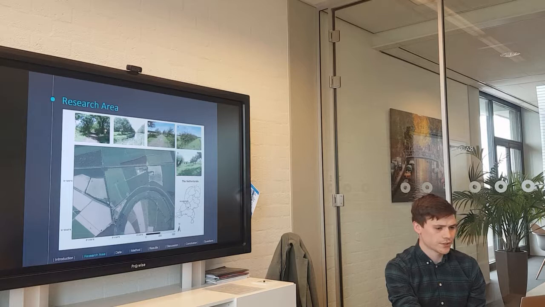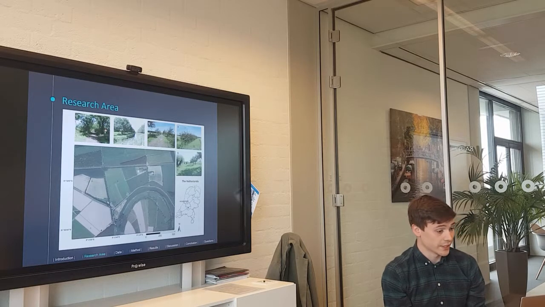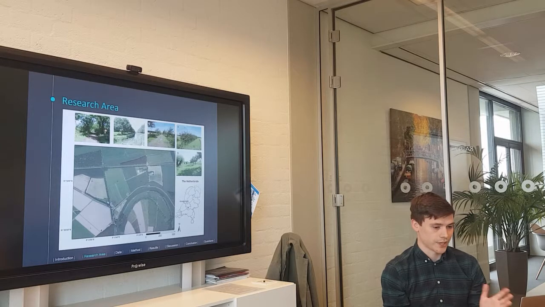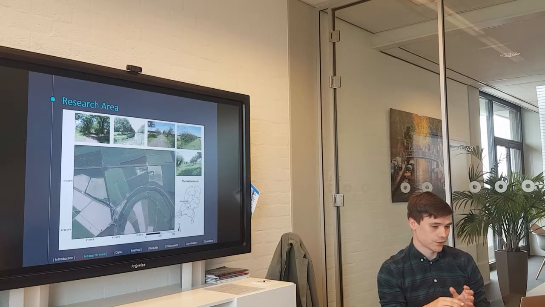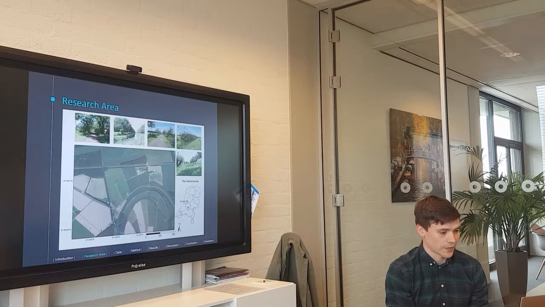I chose my research area to have a variety of linear and non-linear elements that were of different kinds of shapes, curved, straight, and that were attached to non-linear elements or were isolated, and all these kinds of different things, a very heterogeneous area, to ensure that both the classification and the delineation of linear elements could be efficiently trained and tested.